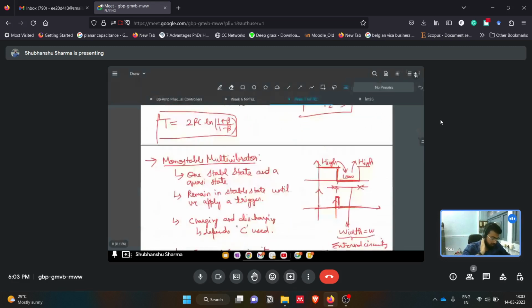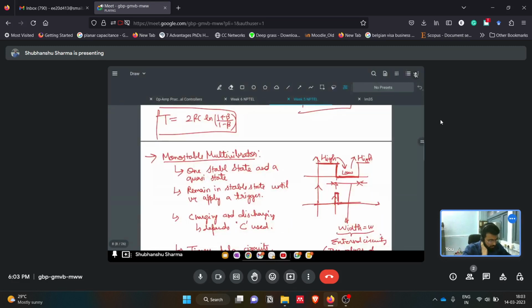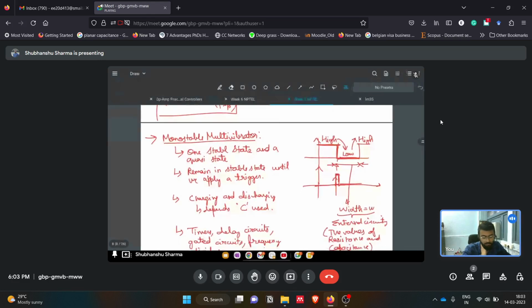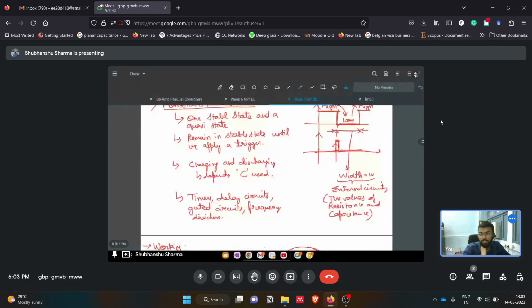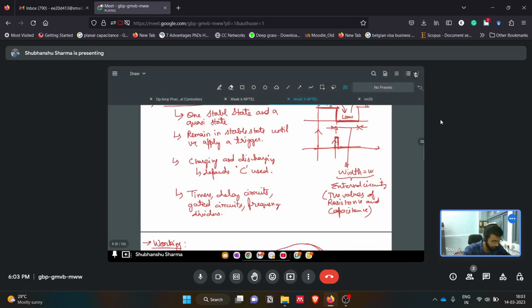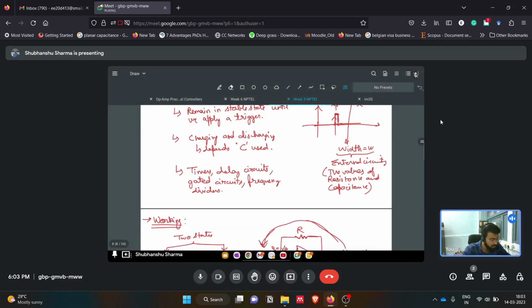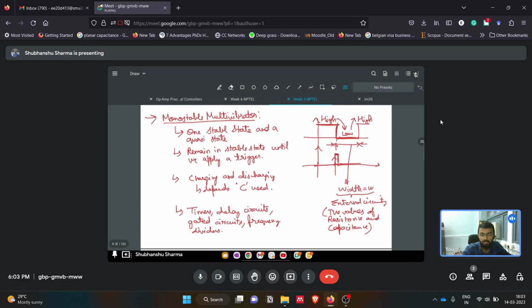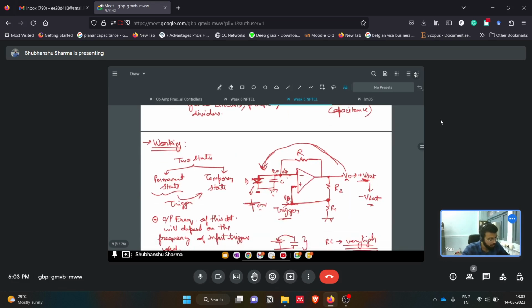Then we went through monostable multivibrators, in which only one state is stable and the other is a quasi-stable, that is unstable, state. In monostable, we trigger it, and the multivibrator goes into the unstable state. After that, it automatically comes back to the high state, that is the stable state.